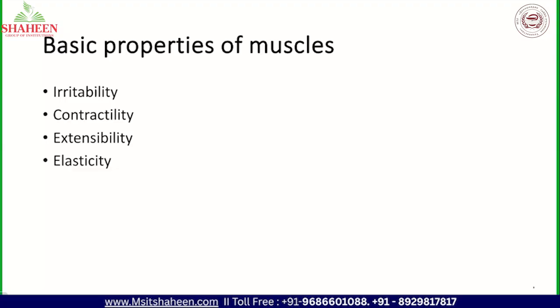Extensibility is that once the stimulus is removed, the muscle fibers return to their original length. Next is elasticity: the muscle can assume the desired shape regardless of how it might be stretched. So these four are the basic properties of muscles: irritability, contractility, extensibility, and elasticity.